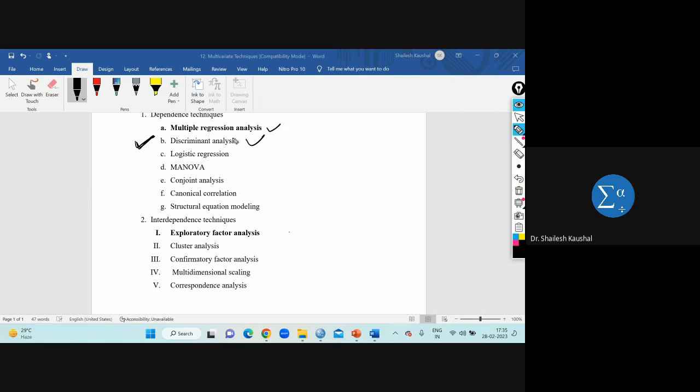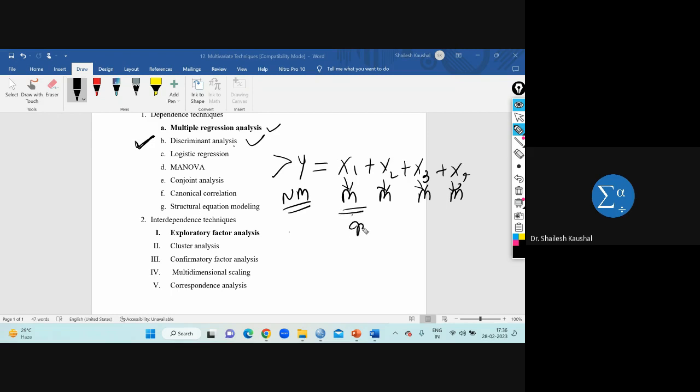But the difference between multiple regression analysis and discriminant analysis is that in discriminant analysis, the outcome variable, the dependent variable, is non-metric, meaning nominal type questions, and all the independent variables are metric data, meaning we prepared all the questions in the form of either interval or ratio. Metric means our questions are either interval or ratio.